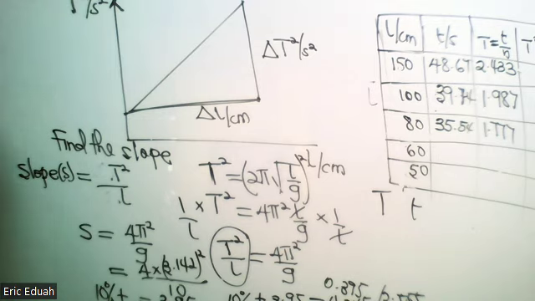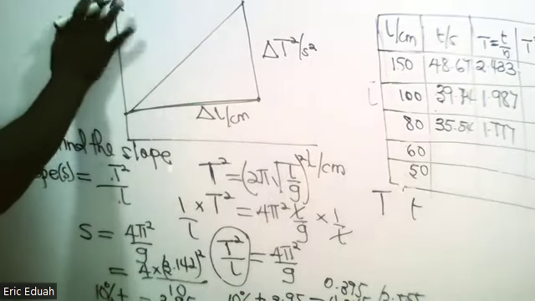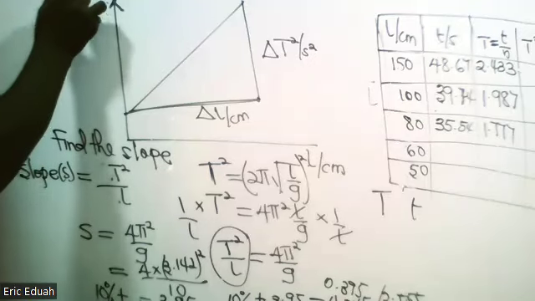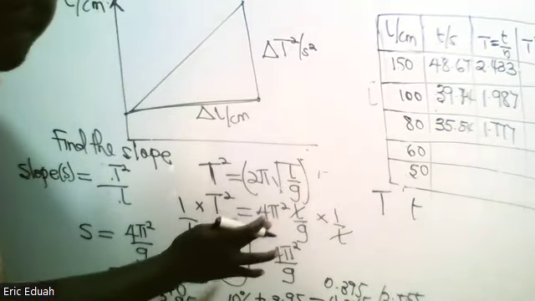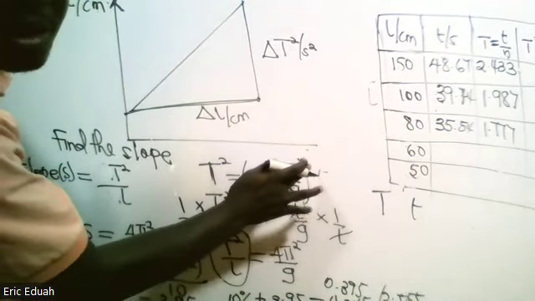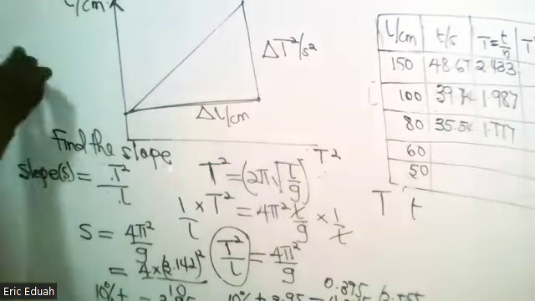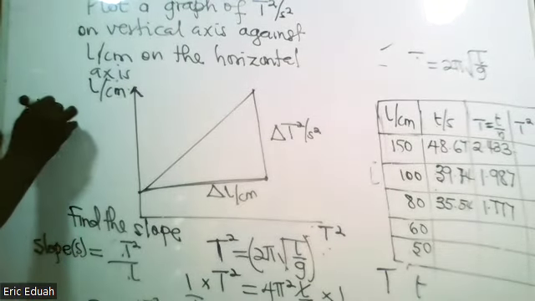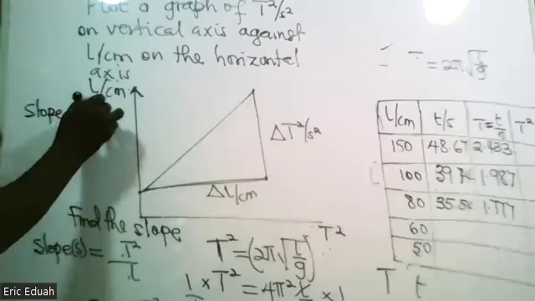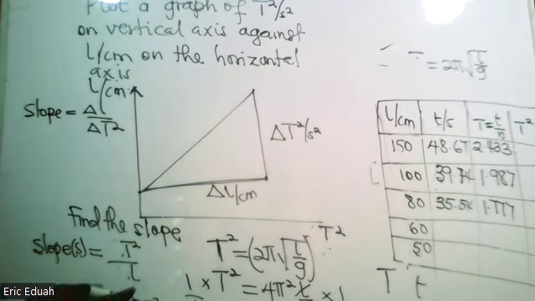If you're asked to plot a graph of L against T squared, then don't forget that your slope is equal to change in L over change in T squared.